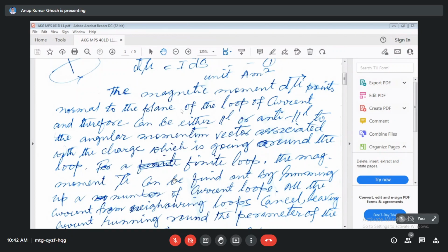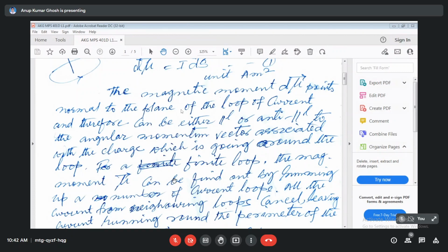Now, here the current is considered for the flow of charge or electron, and we consider that the electron has a mass, a massive particle.